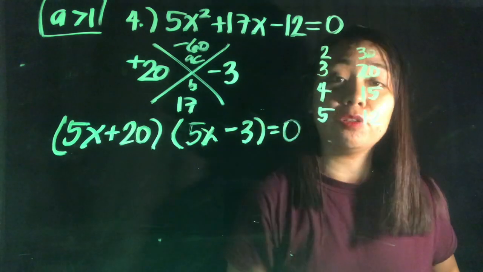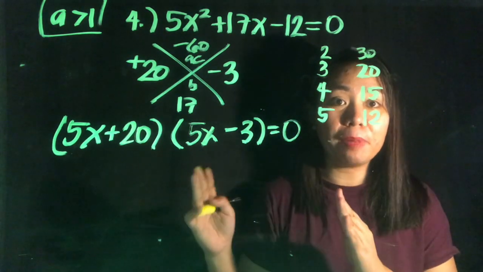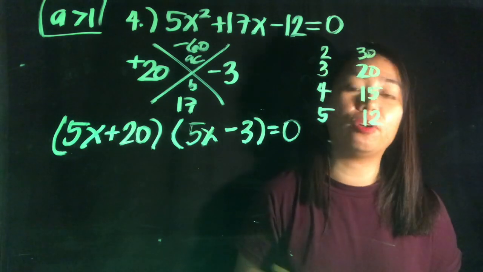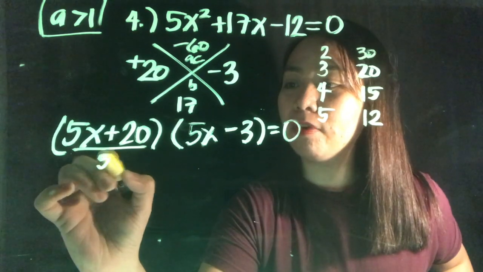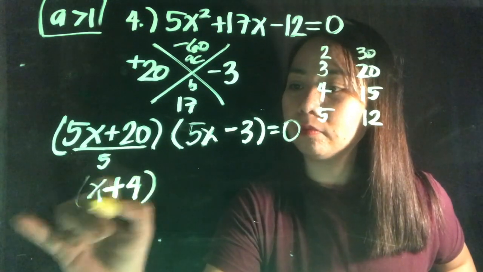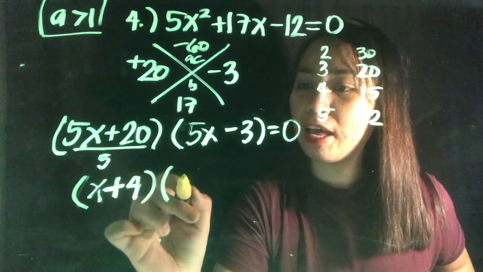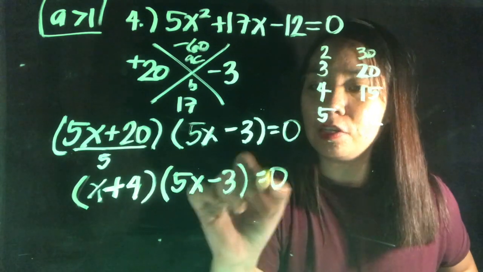Then don't forget you're equal to 0. Check your factors if we can still simplify or kung may greatest common factor. So kung mapapansin nyo po dito, they are still divisible by 5. So this is actually x plus 4 times 5x minus 3 equals 0.